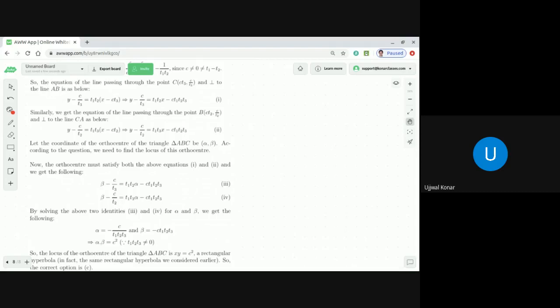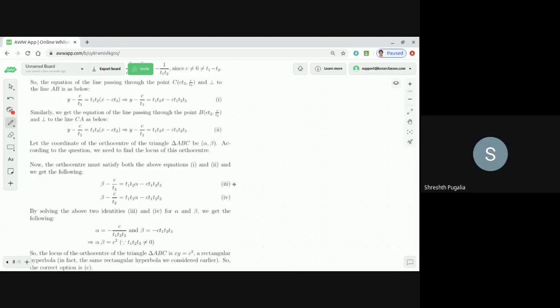The orthocenter should satisfy both equation 1 and 2, right? And from there we find the value of alpha and beta from the two linear equations 3 and 4. Correct, no?